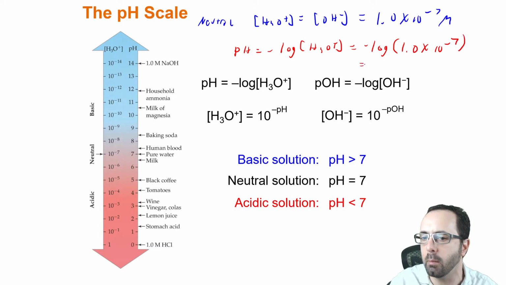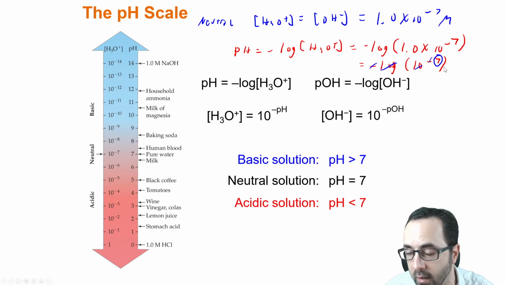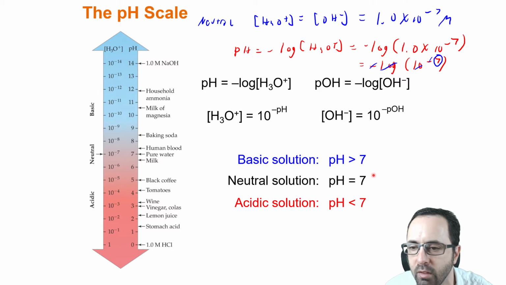And so that is the same as the negative log of 10 to the minus 7. And just a little reminder here, again, log and 10 to the power are opposites of one another, right? So the log cancels the 10 to the power, the negative cancels the negative, and you get 7. Or you could put it into your calculator. And 1 times 10 to the minus 7 is just the same as 10 to the minus 7. So a neutral solution is pH 7.